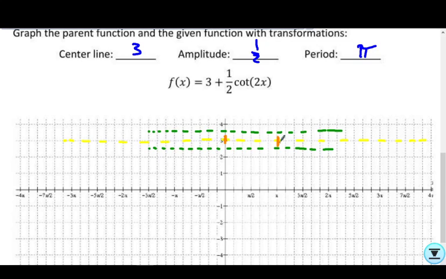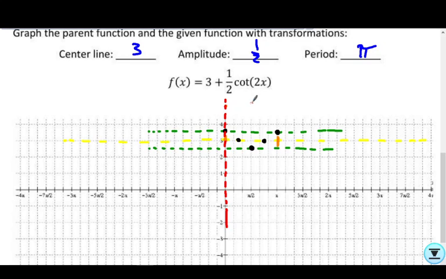Now, for this one, I'm going to plot those major points of cosine. So cosine starts, ends at a maximum, and the middle has a minimum, then 0 here, and a 0 there. And just like sine and tangent, where cosine has its maximums and minimums, that's where cotangent has its asymptotes.